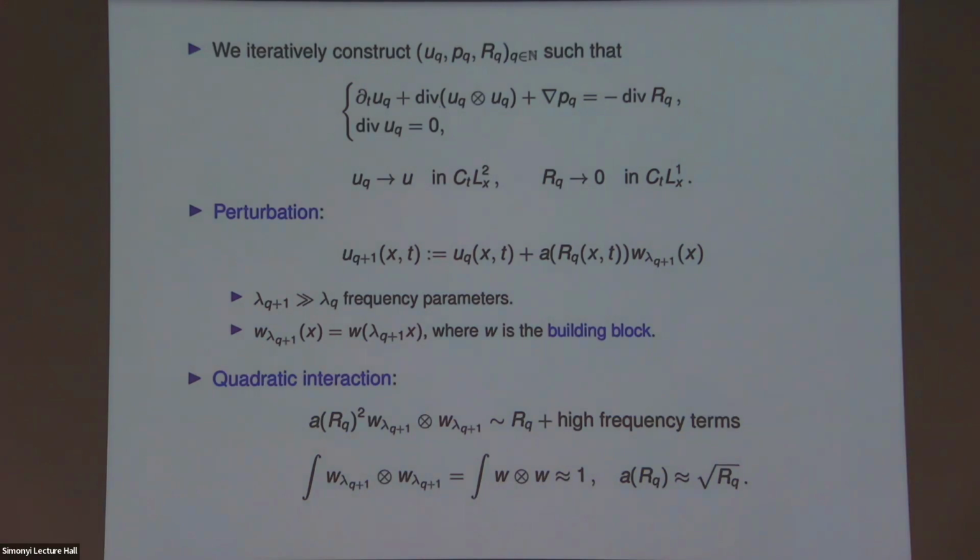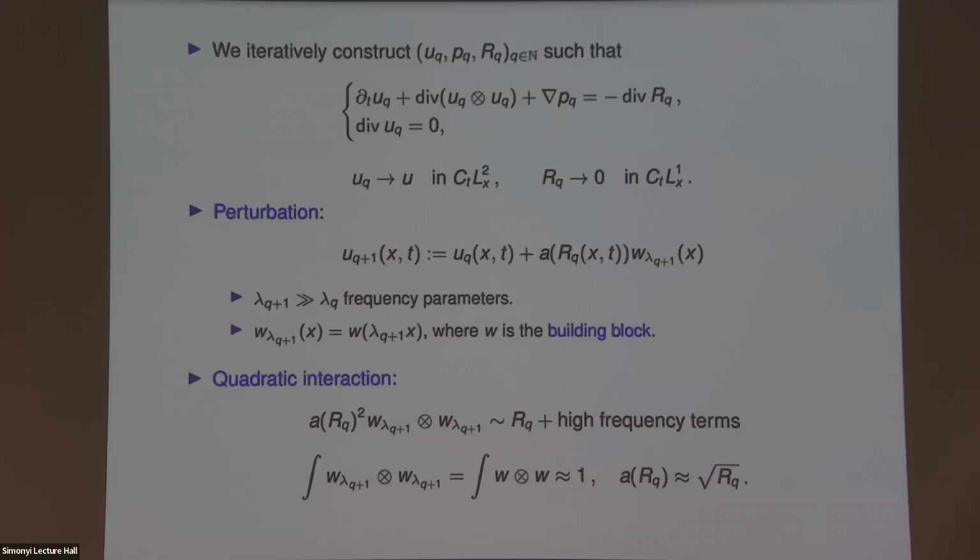In the version of the convex integration I'm applying in the two-dimensional setting, I also have a second length scale, 1 over μ_{q+1}, which is much smaller than 1 over λ_{q+1}. So this is much smaller than this. So the perturbation looks like this.